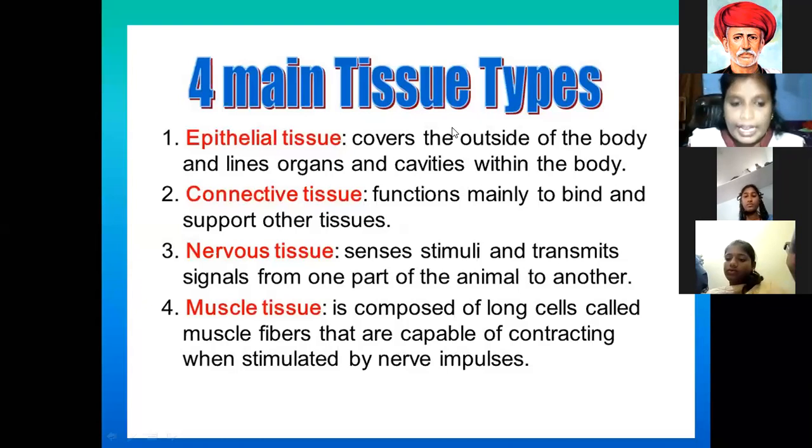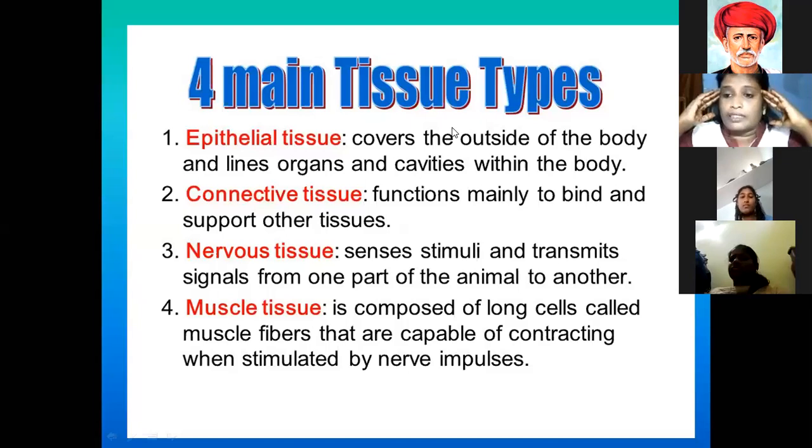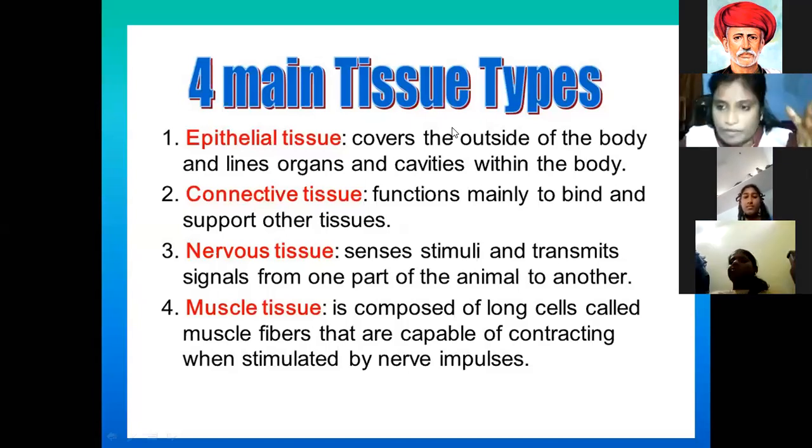Okay. Next, nervous tissue. Nervous tissue senses stimuli and transmits signals from one part of the animal to another. It helps us by giving signals when anything attacks or affects us. For any problem, nervous tissue gives the signal immediately. I will give an example.